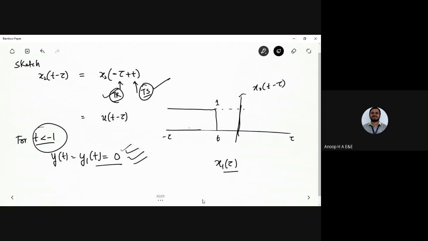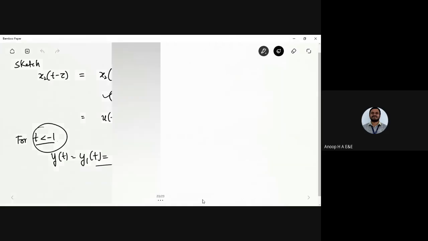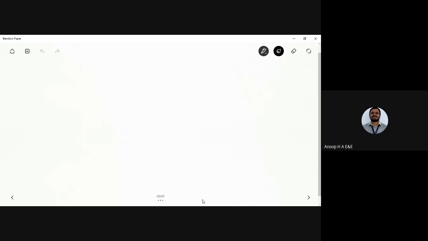So x1 of tau terminates at -1; x1 of tau and x2 of t minus tau do not overlap, and hence y1 of t is equal to 0 there. So that is one thing that needs to be present there.